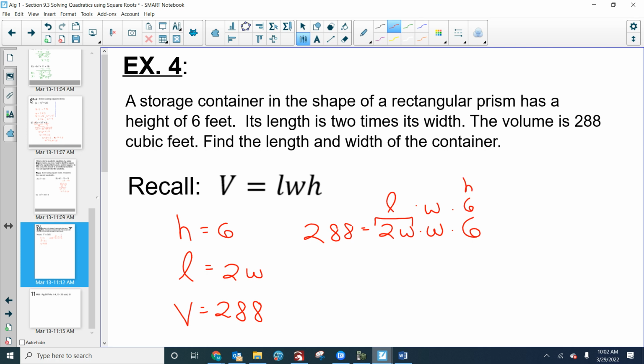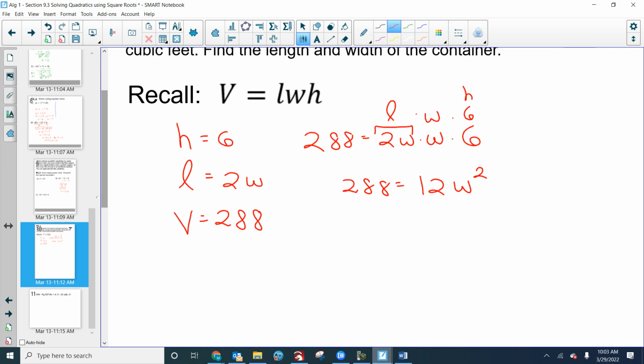Okay? Well, let's solve this. 288 equals 2 times W times W times 6. What's 2 times 6? 12. What's W times W? W squared. Everybody good with that one? How should I solve for W? What should I do first?